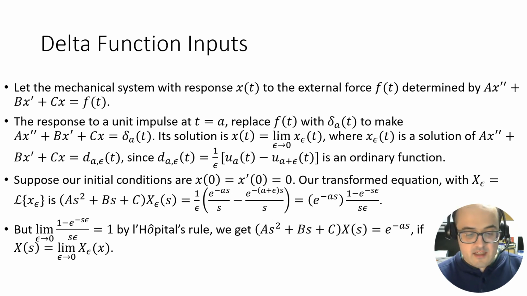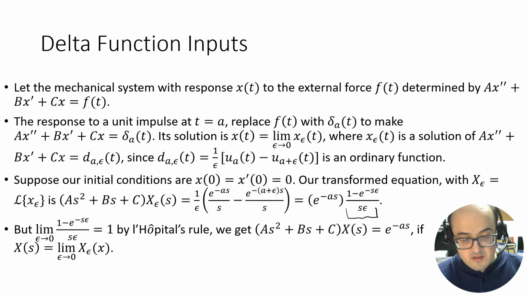So e to the negative as times 1 minus e to the negative s times epsilon, divided by s times epsilon. But for the right side of what we just went through here, the limit as epsilon approaches 0 of that is just equal to 1 by L'Hopital's rule.